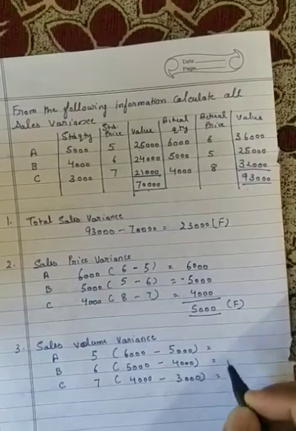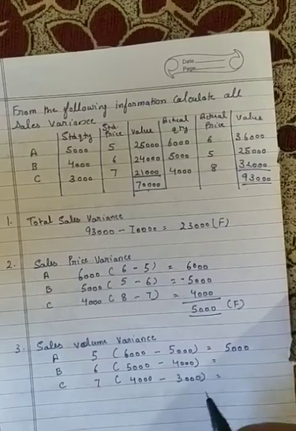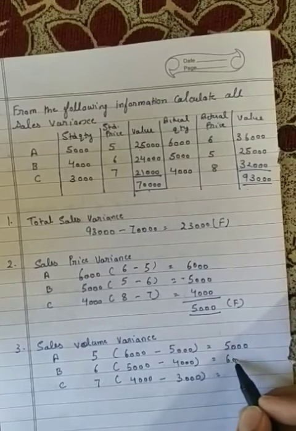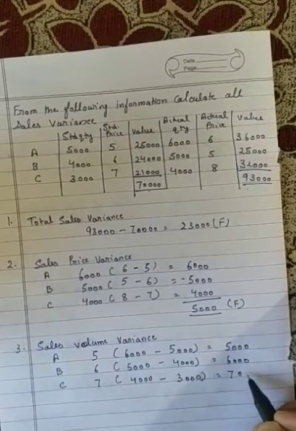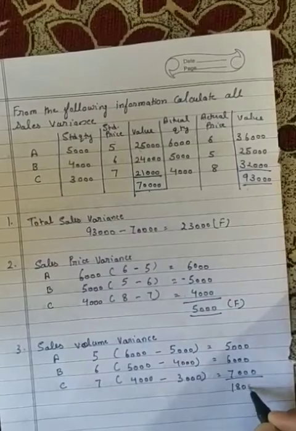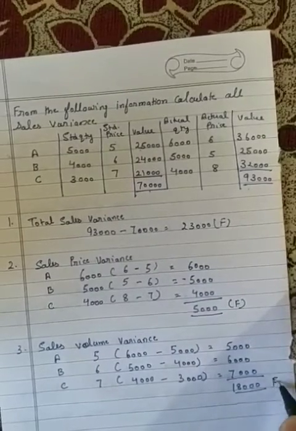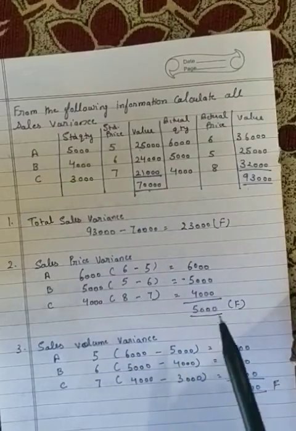Answer is 5,000, 6,000, 7,000. The total is 18,000, 18,000 favorable. Total sales variance is 23,000 favorable.